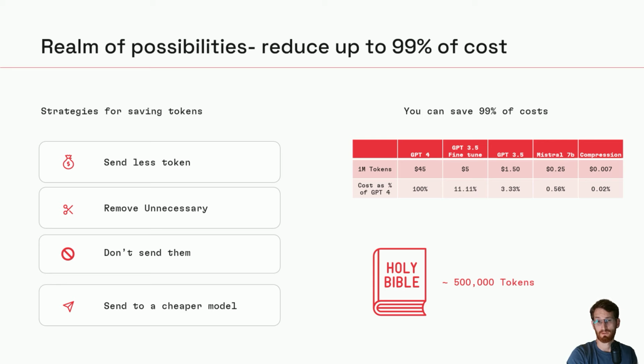GPT-4, $45 for 1 million tokens. Just to put this in perspective, the entire Holy Bible is around 500,000 tokens. So if you were to send the entire Bible to GPT-4 and ask it a question about the Bible, you would be paying around $100, which is not a small amount, but just think what capability you're getting.